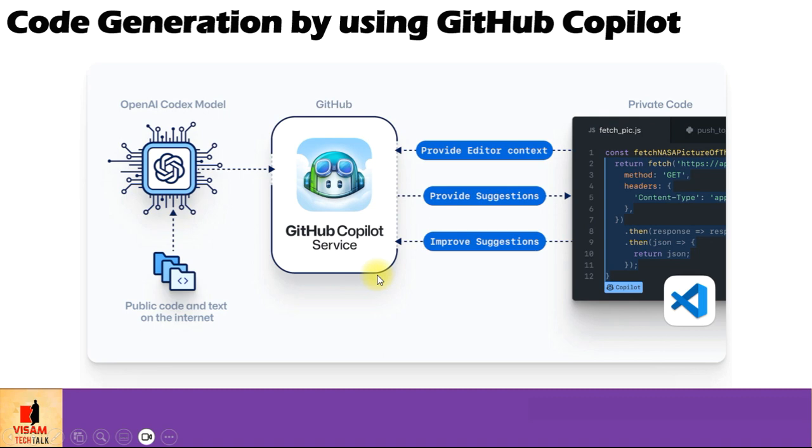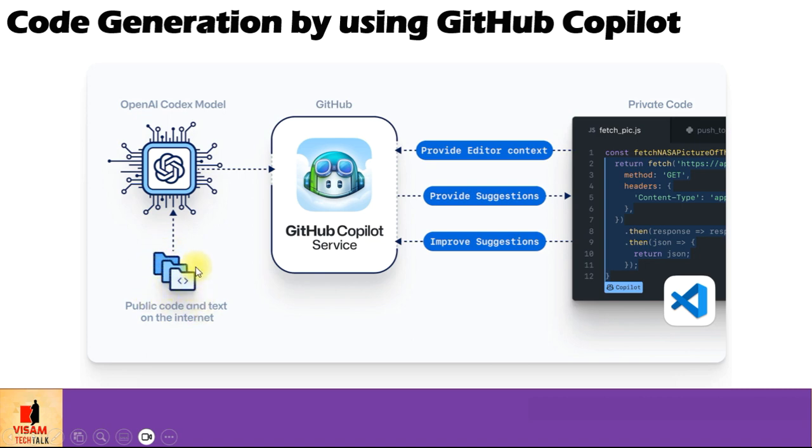If you see this diagram, GitHub Copilot has various services which take the input from the context provided in the comments. Let's suppose in the comment section, someone provides: I want the code to be generated for the sum of two numbers. That comment is given as context to the service, and the service takes that context, uses this API model, and searches the public repositories for any code generation.